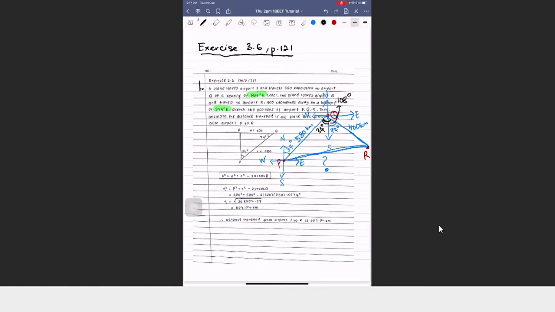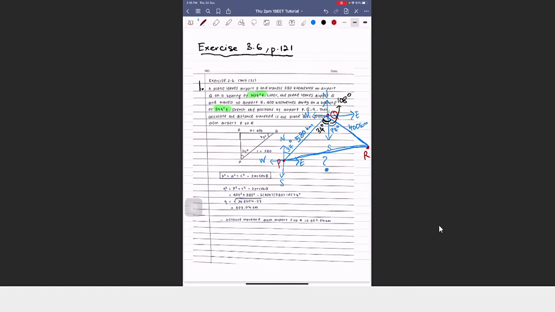So this is the diagram. And this is an oblique triangle, so it is not a right angle triangle. So this is solving for an oblique triangle. That means you are going to solve this using our law of cosine.